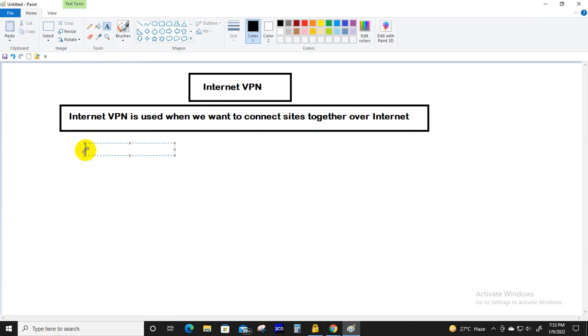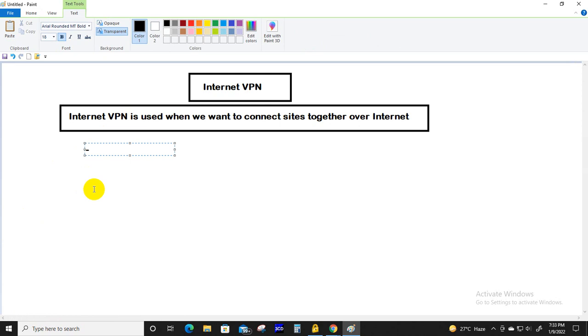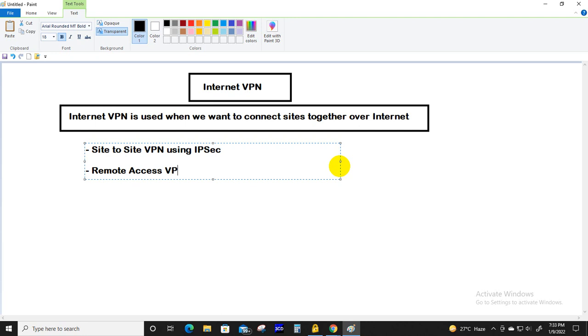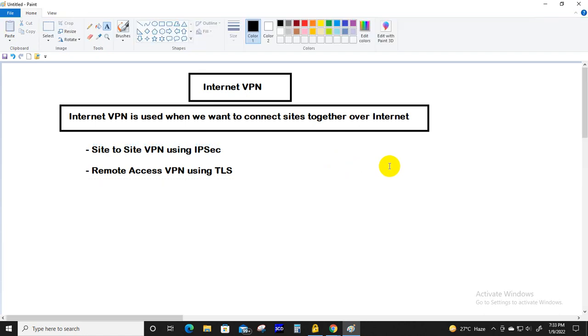Either a site-to-site VPN using IPsec or remote access VPN using TLS. TLS stands for Transport Layer Security. So first we discuss site-to-site VPN.